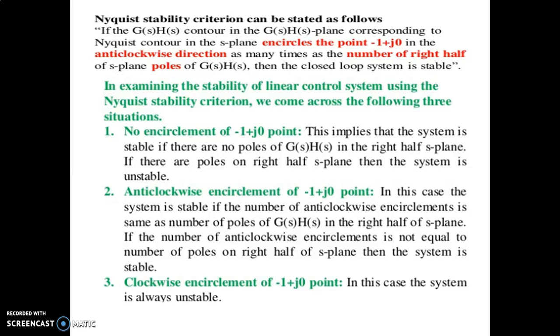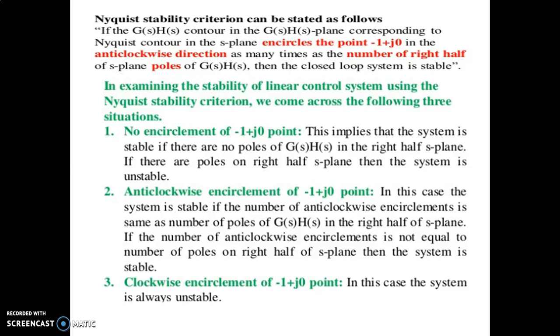Coming to the second situation, an anti-clockwise encirclement of the -1 plus j0 point. In this case, the system is stable if the number of anti-clockwise encirclements is the same as the number of poles of G of s into H of s in the right half of the s-plane.